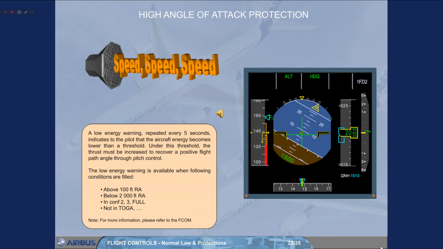The low energy warning is available when the following conditions are fulfilled: above 100 feet radio altimeter, below 2000 feet radio altimeter, in CONF 2, 3, FULL, and not in TOGA. Note, for more information, please refer to the FCOM.